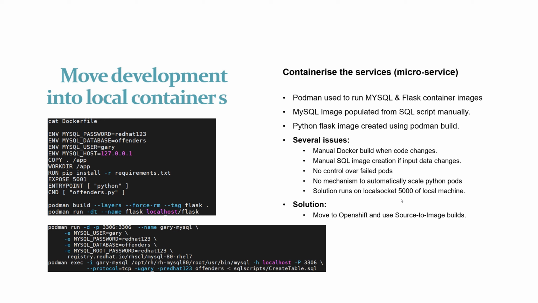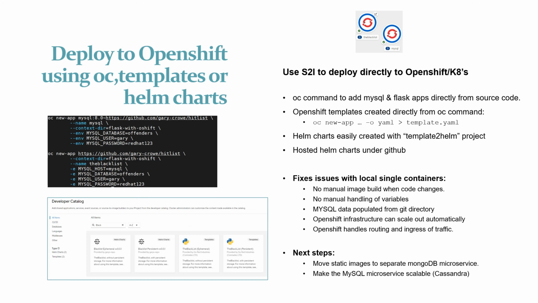So I'd have to do that again and recreate the Docker build. So clearly, from a commercial point of view in terms of production, this simple development model won't work. So our solution, of course, is now to move to OpenShift and use source to image building.